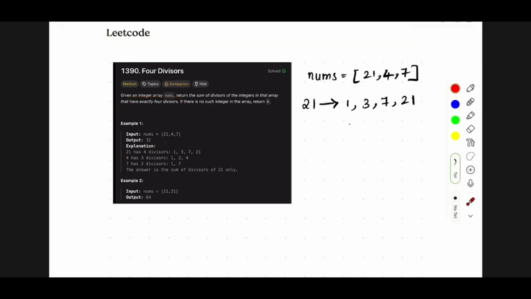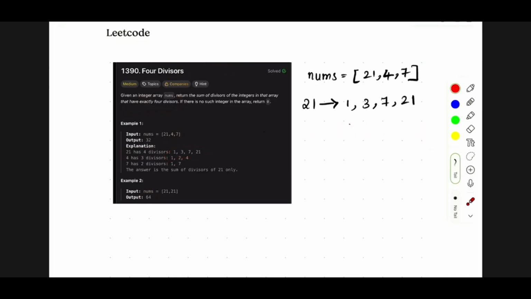So 21 is the one which is having exactly 4 divisors, and what we are doing, we are adding 1 plus 3 plus 7 plus 21. So that value is 32. Okay, so that's how we got the value 32. 21 plus 7 plus 3 plus 1 equals 32.